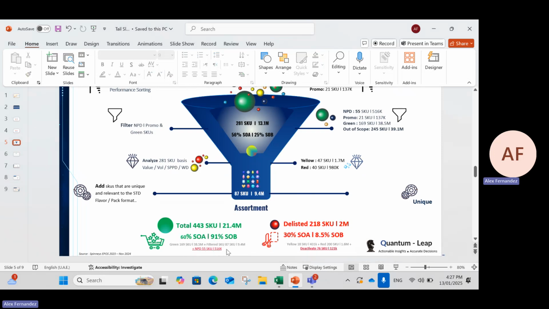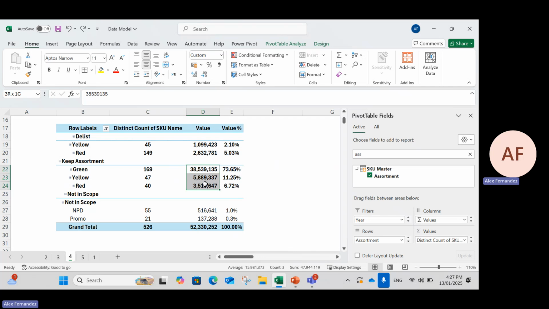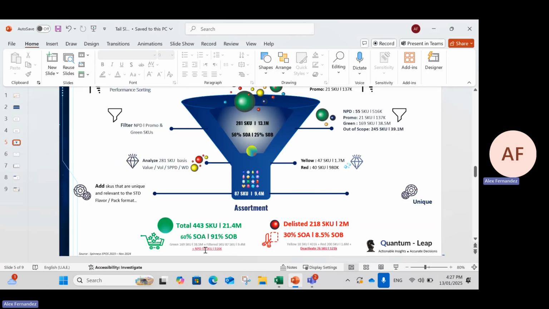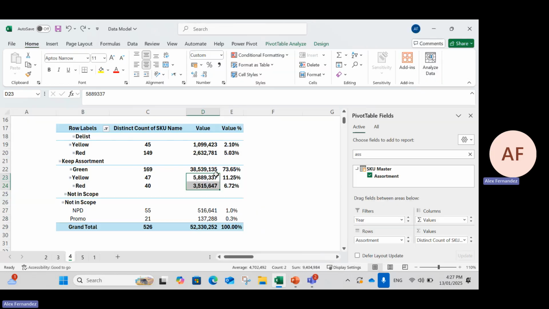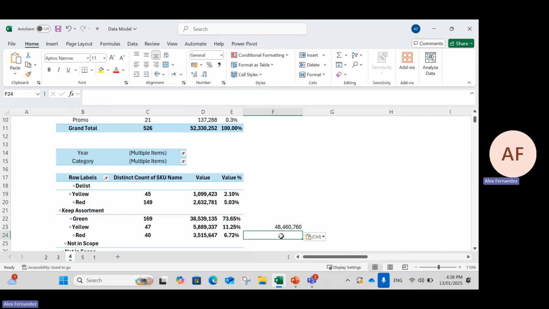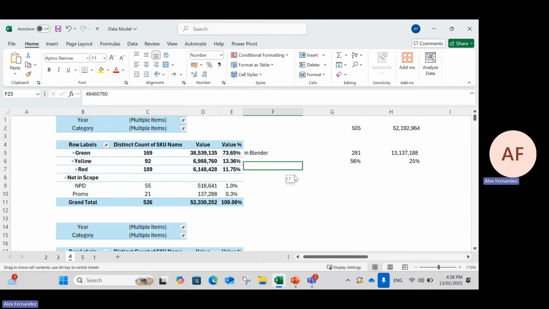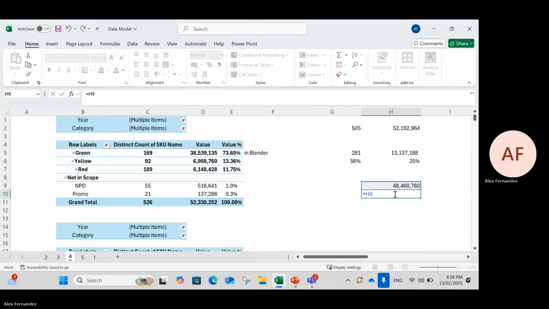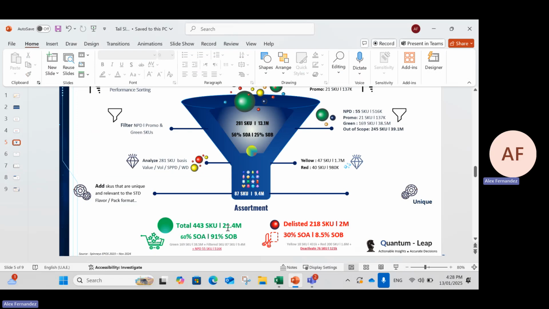So then what we do, all of these should count. So this is 9.4, 9.4 correct. 9.4 plus 38 plus NPD, that's 48.5 equal this number, we have to divide it by this number here that we removed from, and that is 92%.